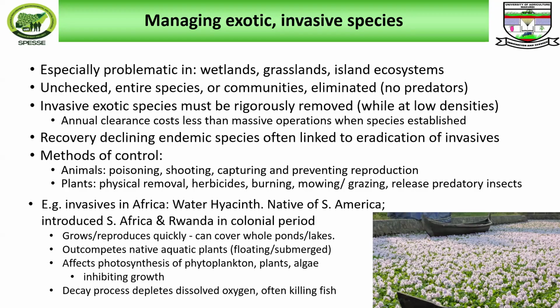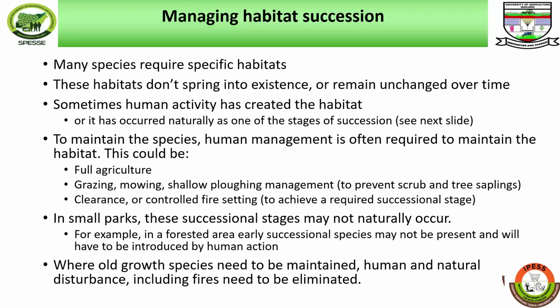The methods of control involve, for animals, poisoning, shooting, capturing and preventing reproduction. For plants, where you have invasive species, almost like weeds, you remove them, you use herbicides, you burn, you mow, you graze. And so we need to think in terms of, if you have an exotic species, how do I handle it in a place like this?